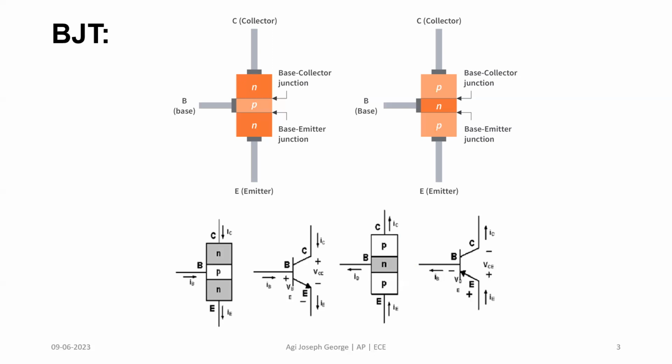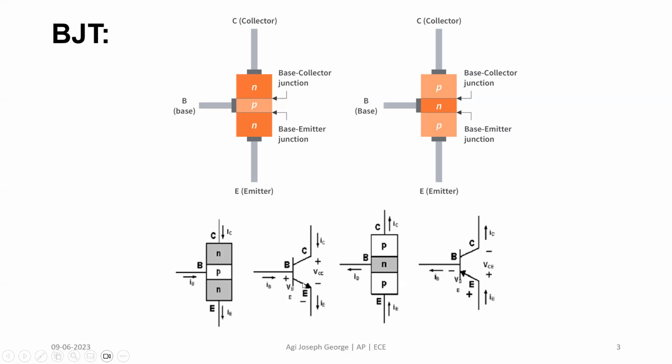You can see the symbol of a BJT here. First, in the left hand bottom corner, there is an arrowhead on the emitter. The arrowhead pointing outwards shows the conventional flow of current: the base region is positive, and the current flows to the emitter.